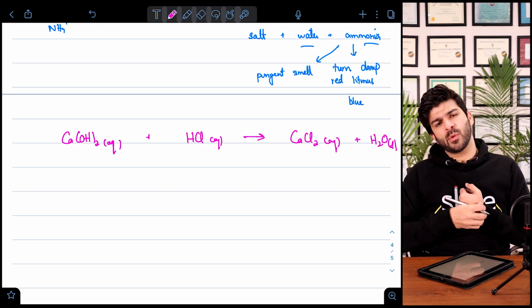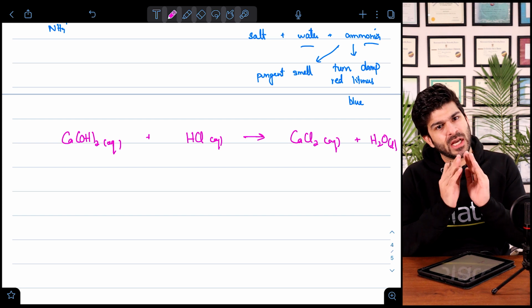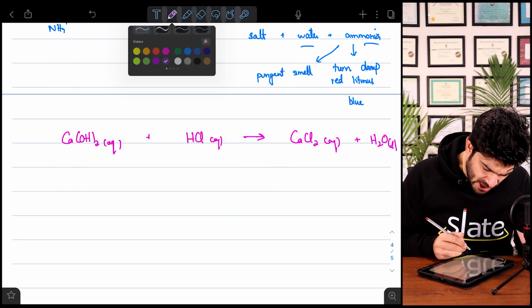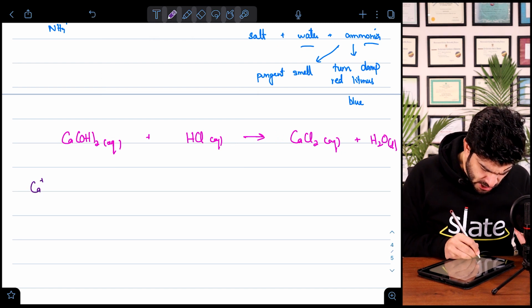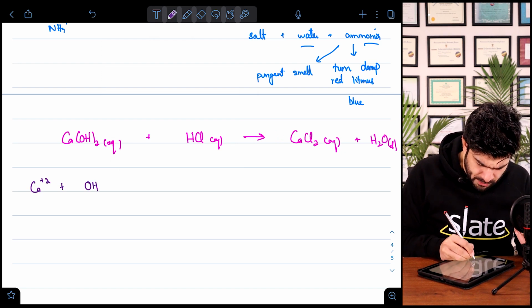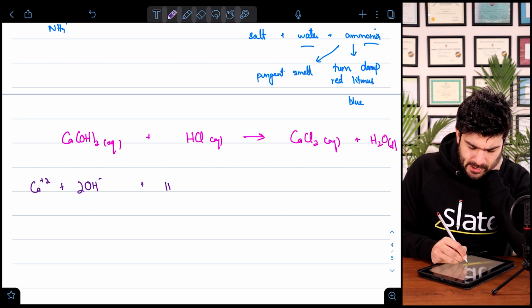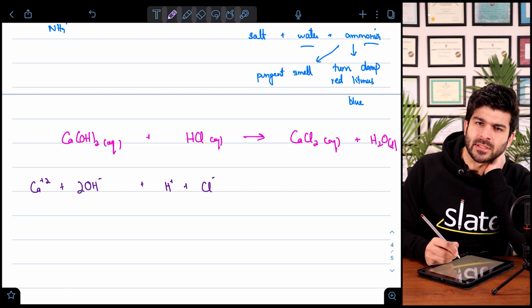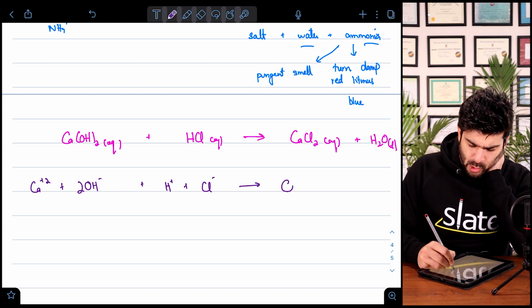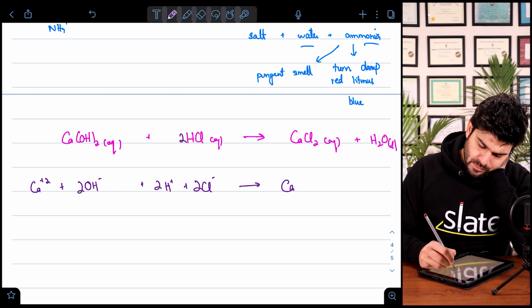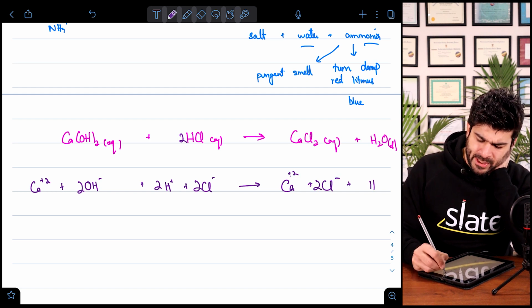So, know for the ionic equations, only the aqueous compounds are ionized or dissociated, just like we did. So, how will calcium hydroxide be dissociated? Calcium +2 plus OH -2. And how will HCl be dissociated? H plus and Cl minus. How will calcium chloride be dissociated? And water will not be dissociated.